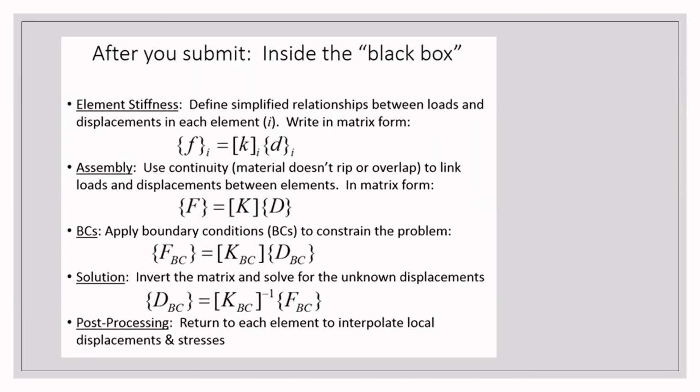Okay, so now let's talk about what happens when a user submits a job, and what the black box is doing. When we talk about a black box, we refer to FEA software. First, the computer will identify the element stiffness relationship inside every single element that we have defined.